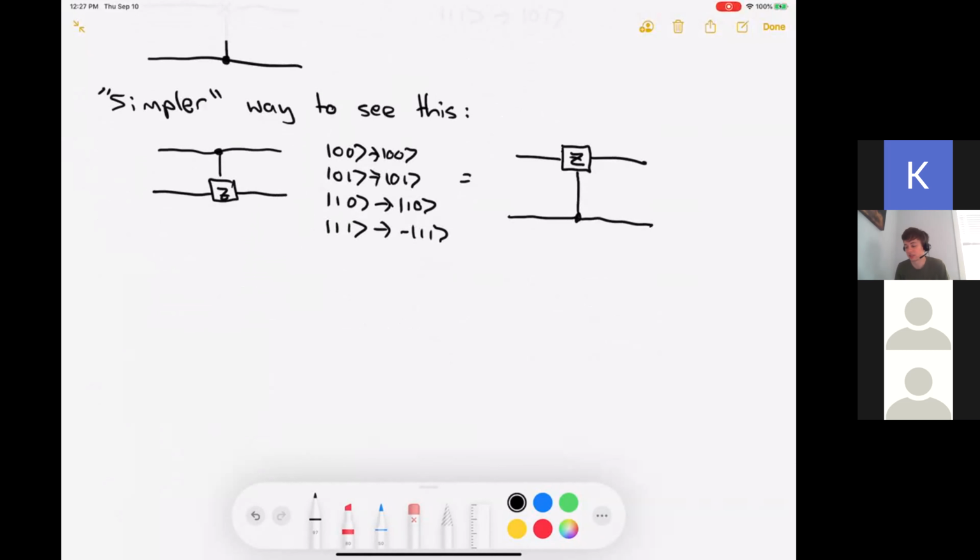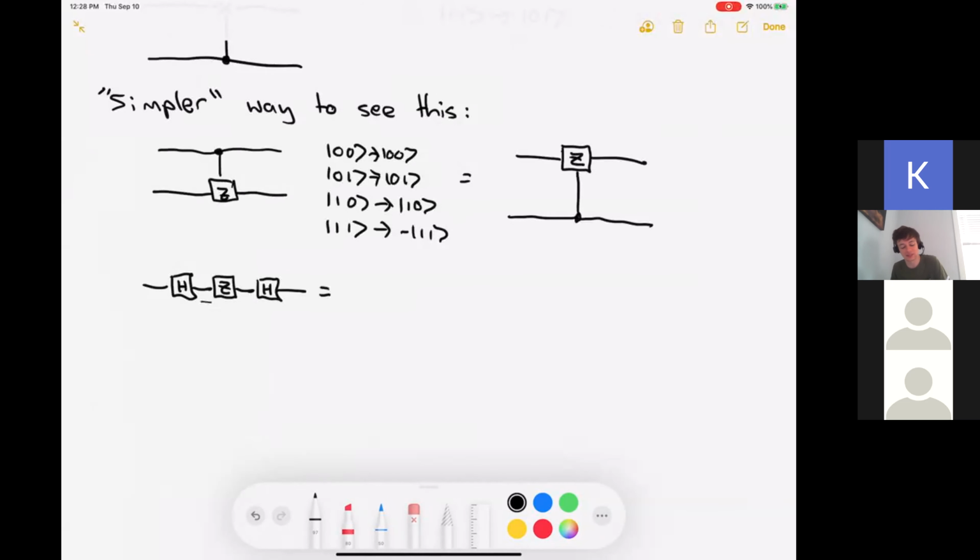Also going to need another couple of useful results. Just the following two little mini circuits. The first is HZH. Okay, so what does H do? Switches the X basis and the Z basis. So that means the X basis coming in here gets switched to Z basis, has a Z applied to it, then gets switched back to the X basis.